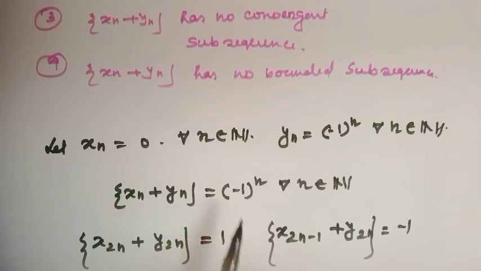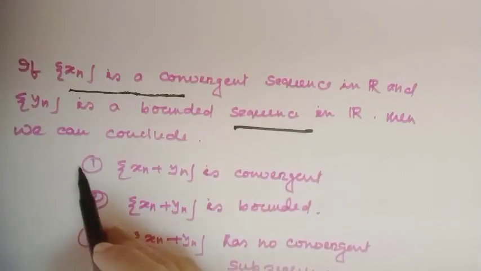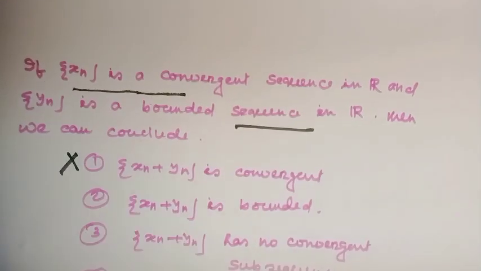Okay? And all of us know the theorem: if a sequence converges to L, then every subsequence converges to the same limit L. Here the subsequences converge to different limits. So option 1 is a wrong option.